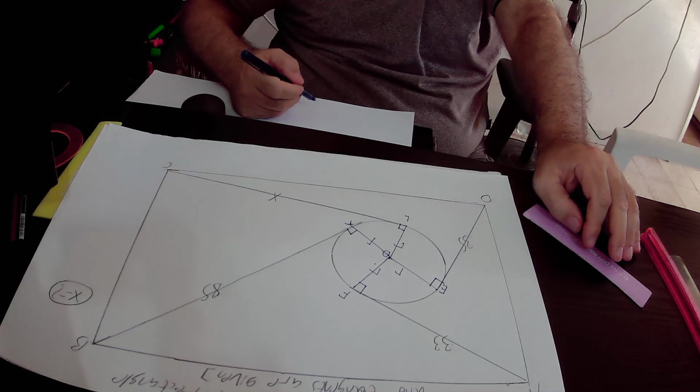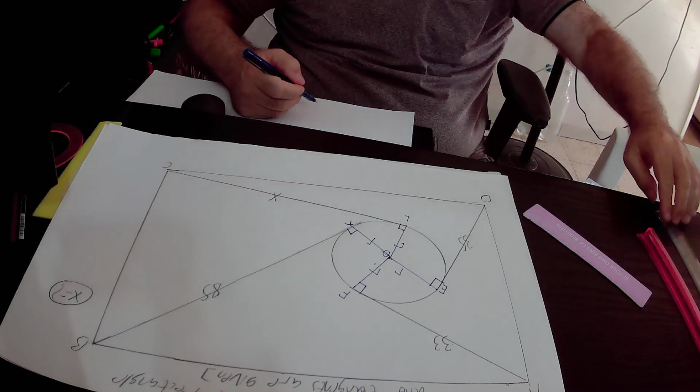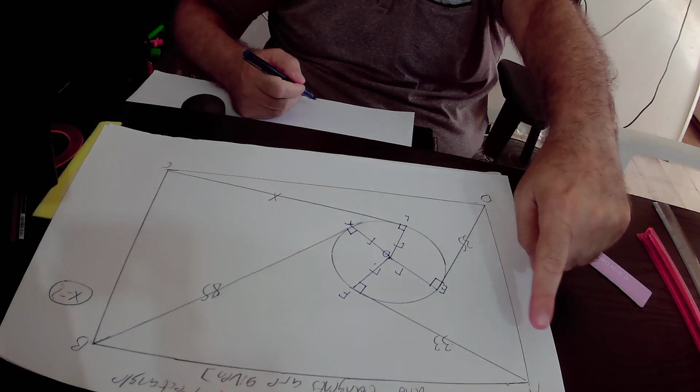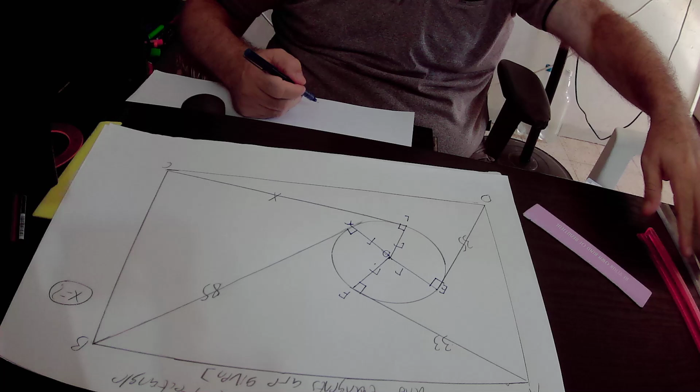The next step, we will join points A and O together by a straight line.